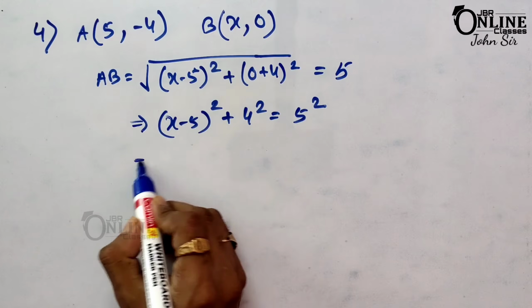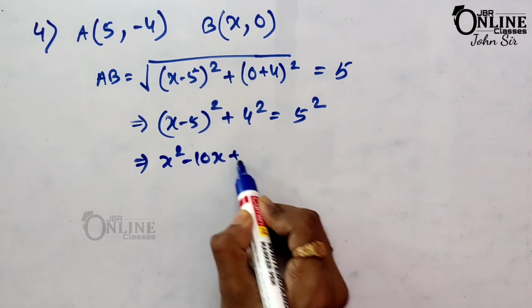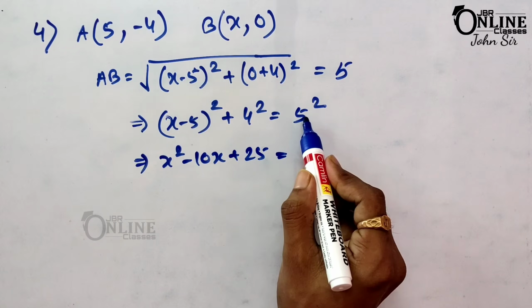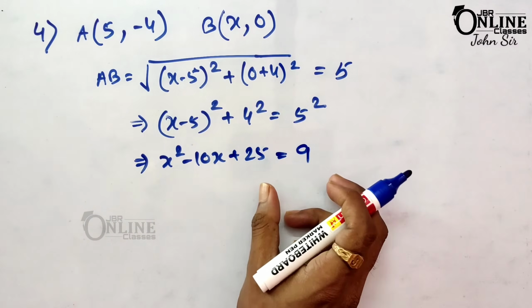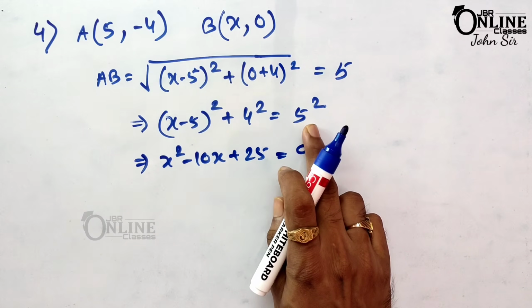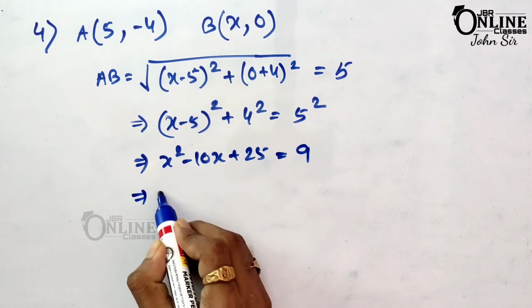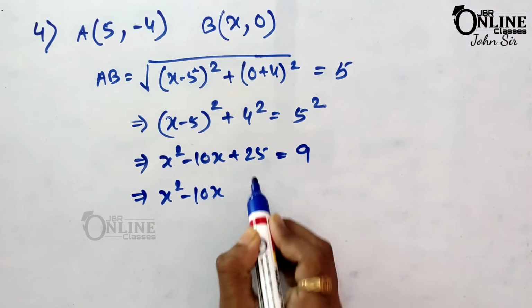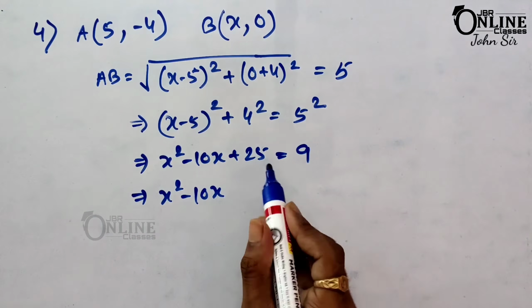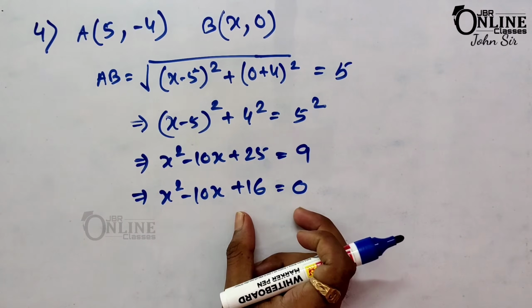Then x square minus 10x plus 25 equals 25 minus 16, so that equals 9. Okay, 25 because 5 square, and 4 square means 16, so 25 minus 16 is 9. So now x square minus 10x, now 25 minus 9, it will be 16, that equals 0.